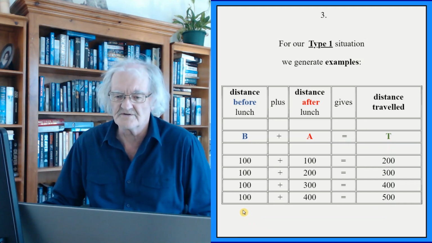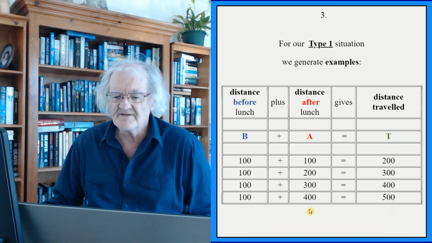We call it a constant. The distance travelled after lunch is a variable. And the total distance travelled depends upon how far we travel after lunch. So it is a second variable referred to as a dependent variable. It depends upon what happened to the other one.